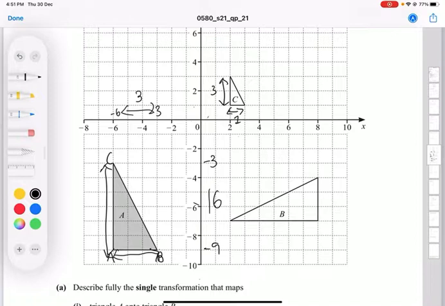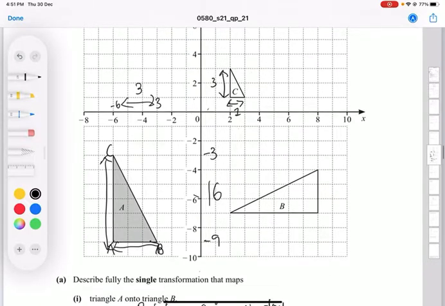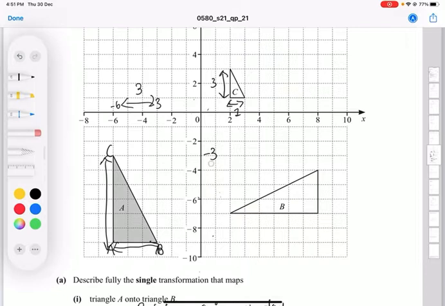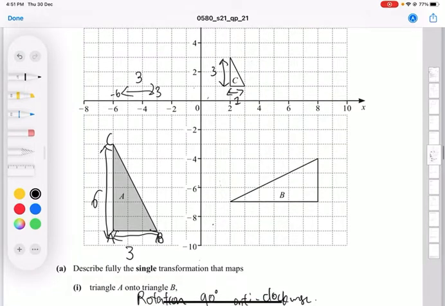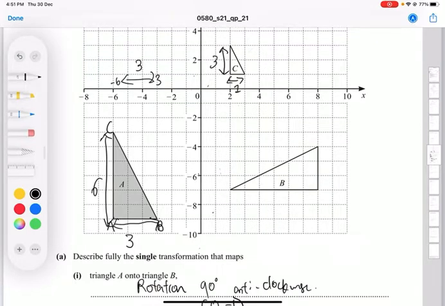So this has length of 6, this has length of 3. Sorry, this length is 2. What am I saying? This length is 2, so 1, 2.